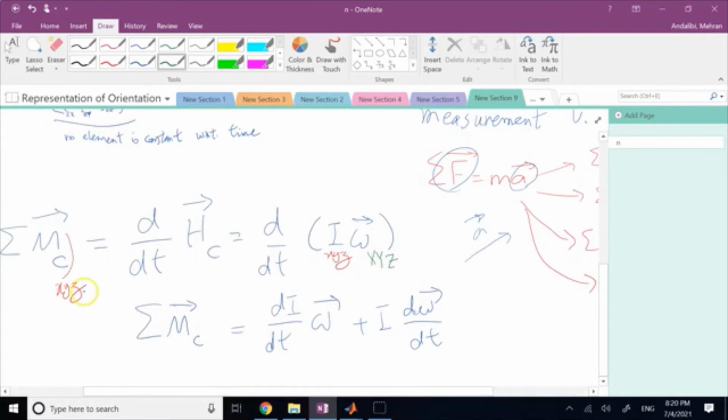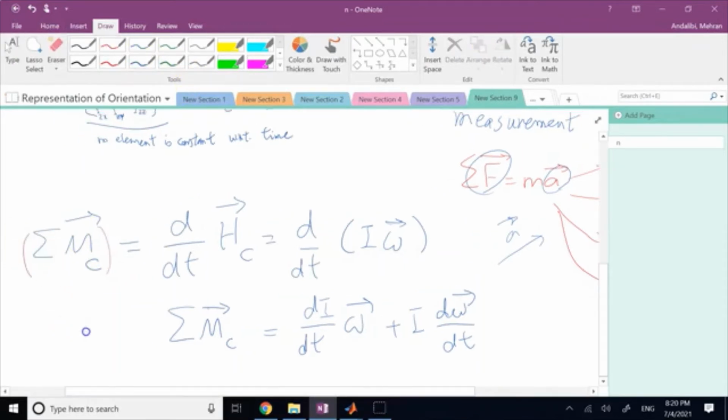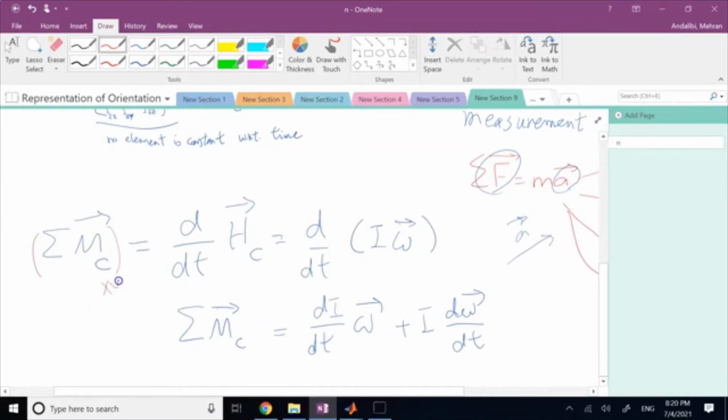So now, if instead of small xyz I go with capital XYZ, what happens? If I write all of the components in this equation about cap XYZ, what can happen? Well, guess what?